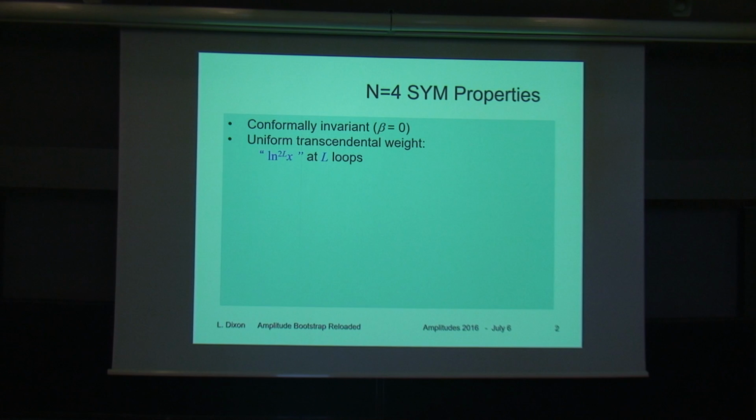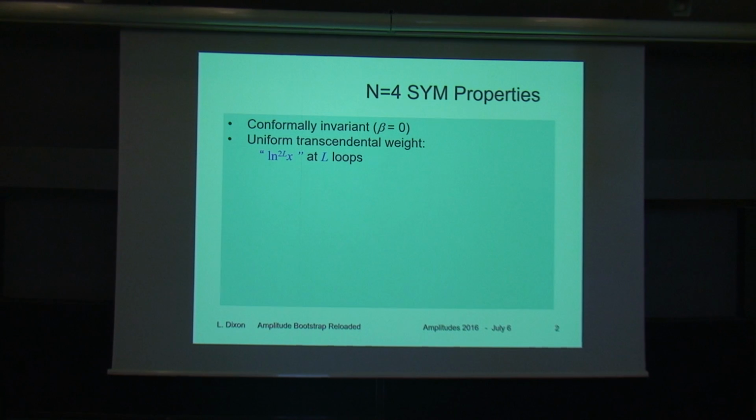Now, many people here know that N=4 super-Yang-Mills has some pretty amazing properties. Of course, we all know that it's conformally invariant. The beta function vanishes for any value of the coupling, so it's a marginal line of conformal field theories. Another very interesting property that holds in generic N=4 super-Yang-Mills for any gauge group, it doesn't have to be large N SU(N), or at least we think it holds, is that the amplitudes have a certain uniform transcendental weight.